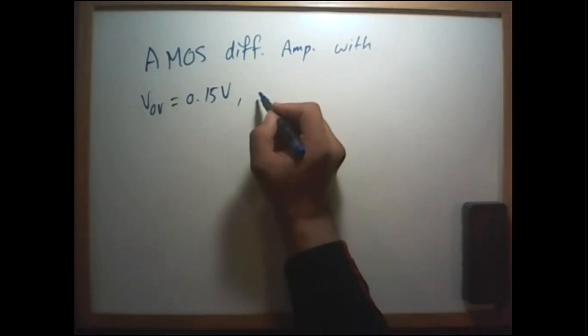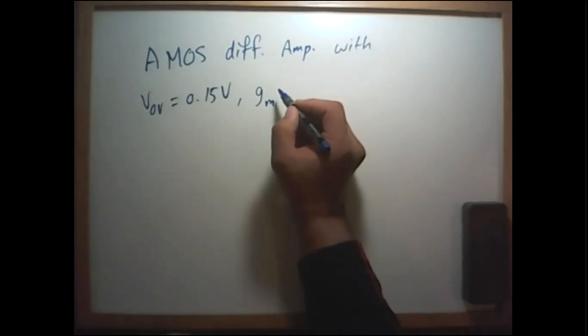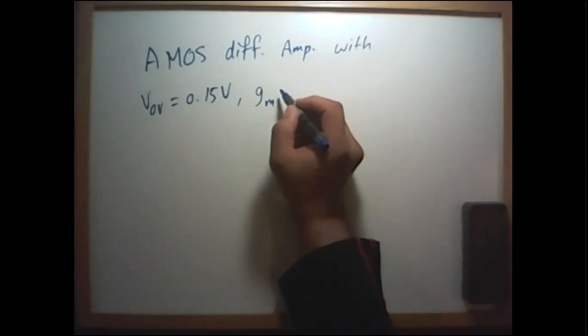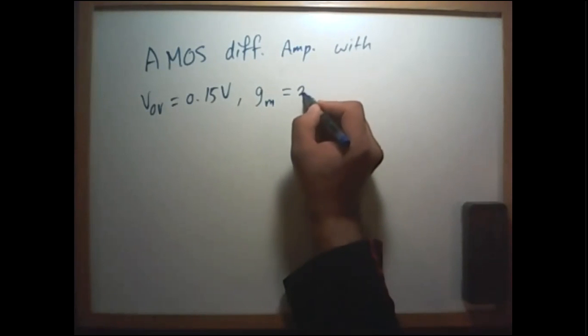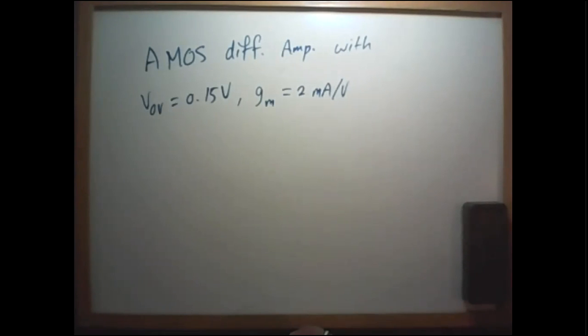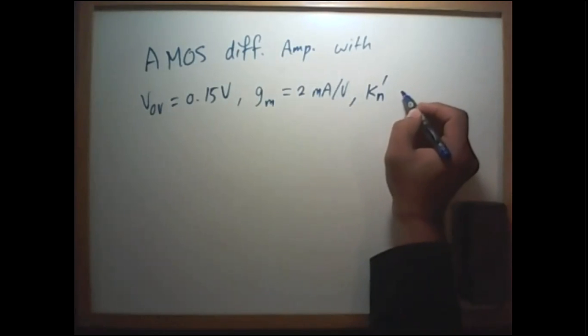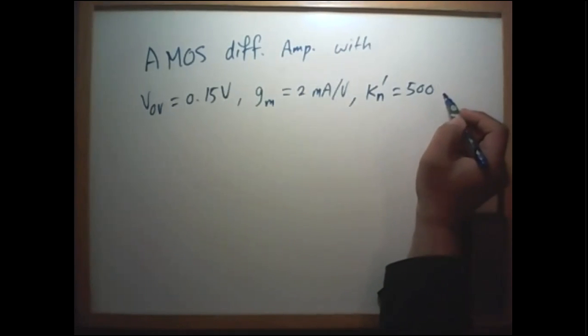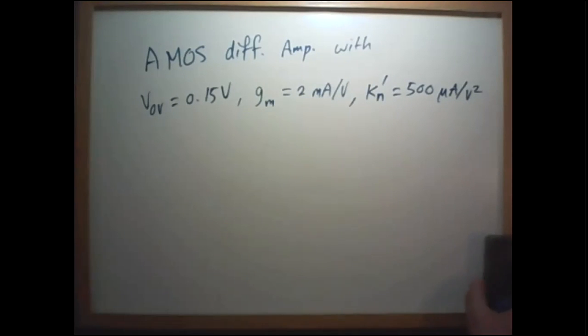We have GM is 2 milliamperes per volt, and we have Kn prime equals 500 microamperes per volt square. Okay.